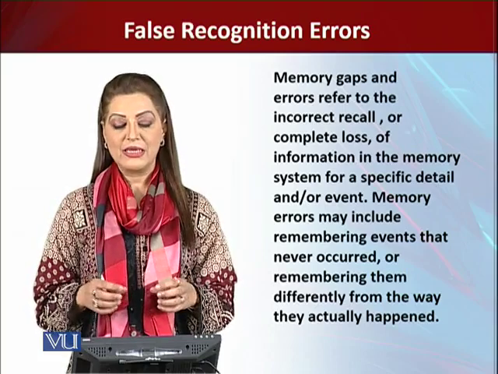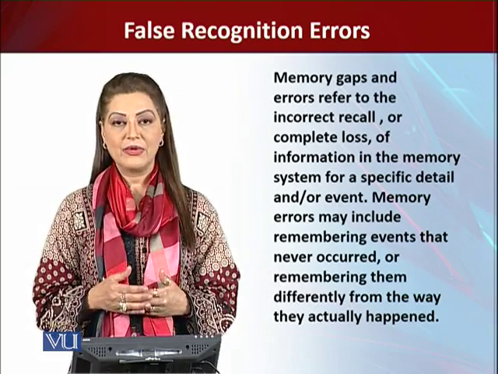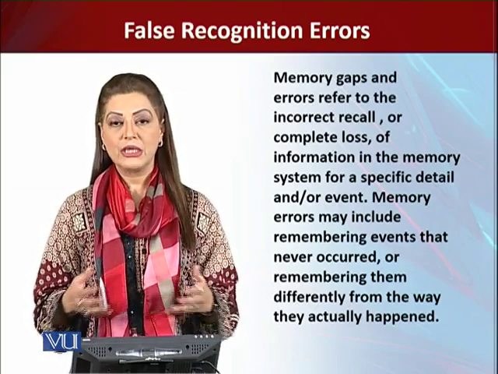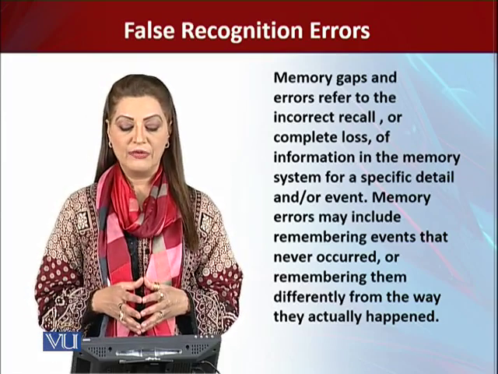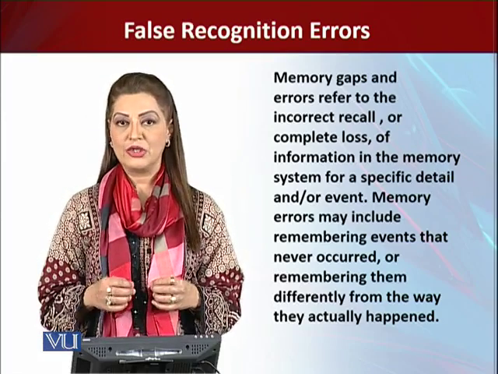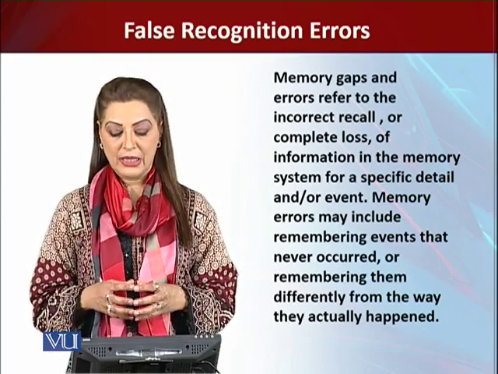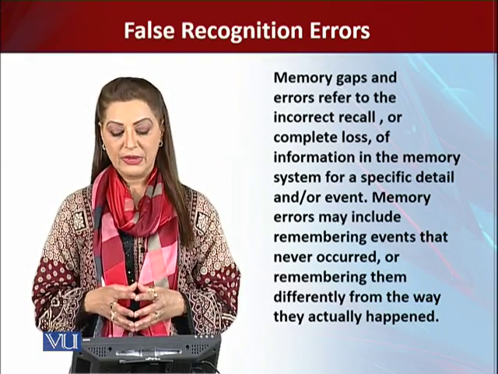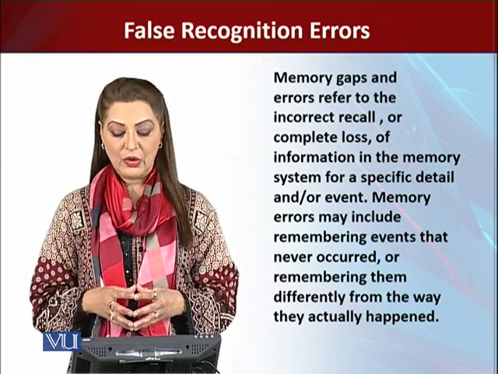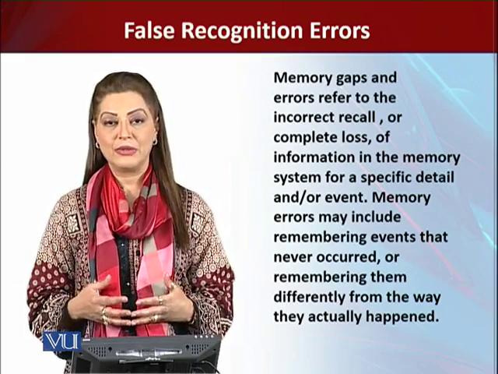These errors are called memory errors, and they refer to incorrect recall or sometimes complete loss of information present in memory for specific details. Memory errors may include remembering events that never occurred or remembering them differently from the way they actually happened.